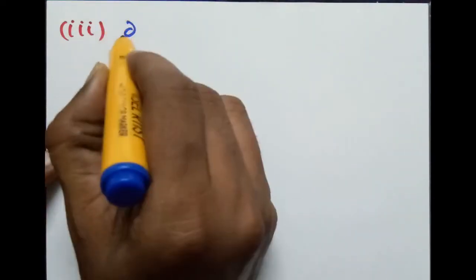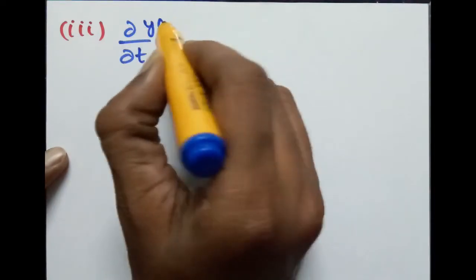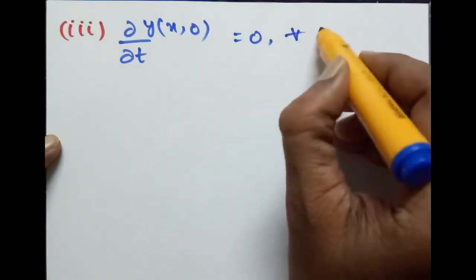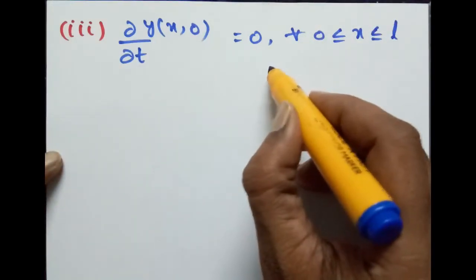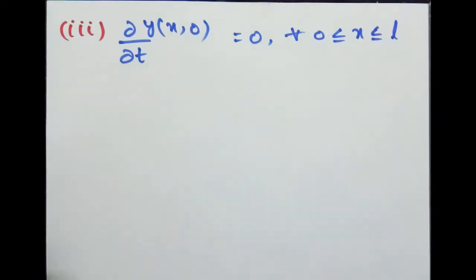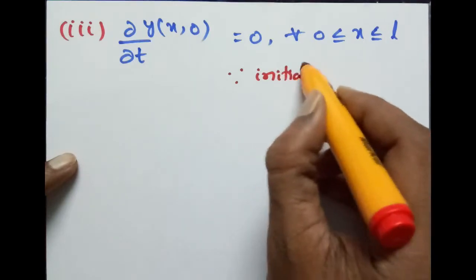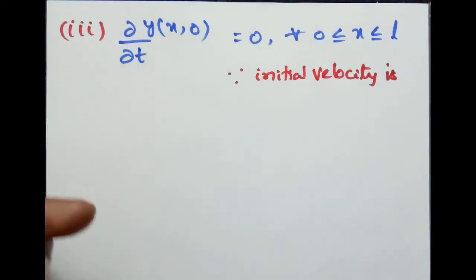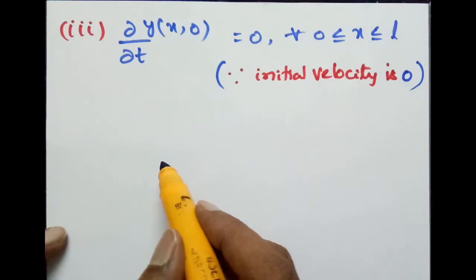Condition number 3: dou by dou t of y of (x comma 0) equal to 0 for all 0 less than or equal to x less than or equal to L, that means initial velocity, since the initial velocity is 0.